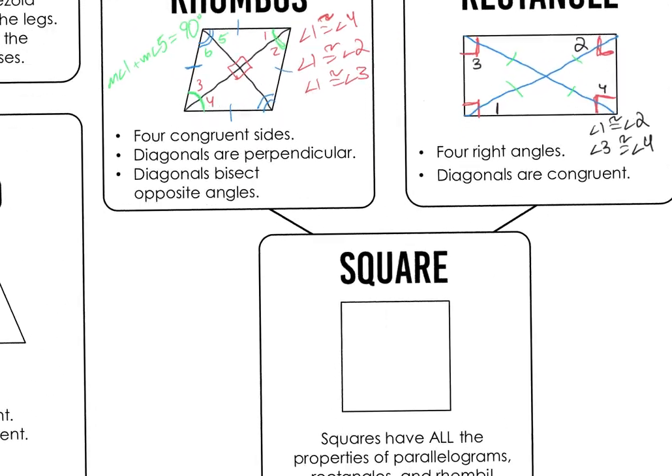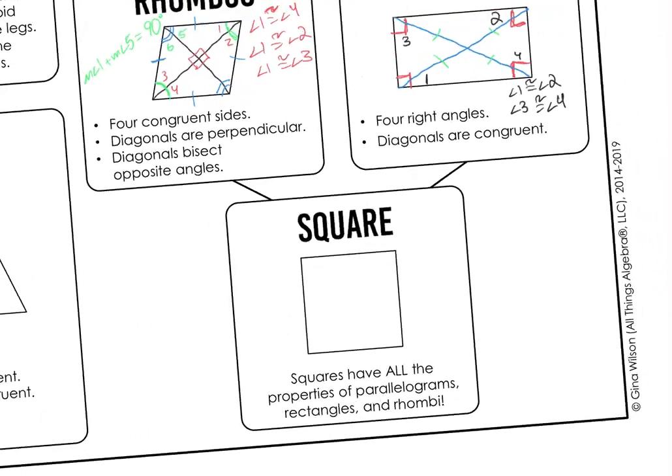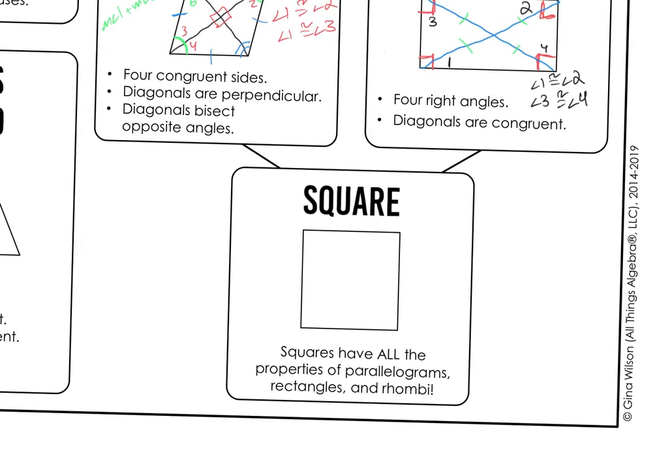But if you take a rhombus and a rectangle and you put them together, you get a square. So again, rhombus plus rectangle equals square.